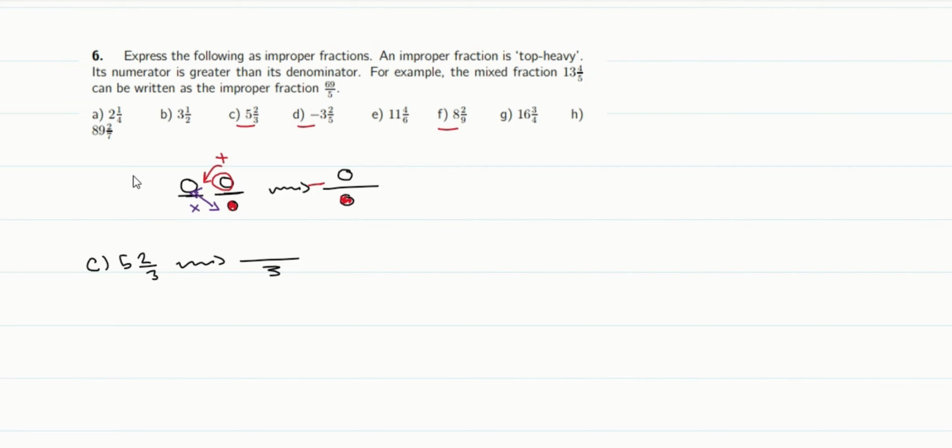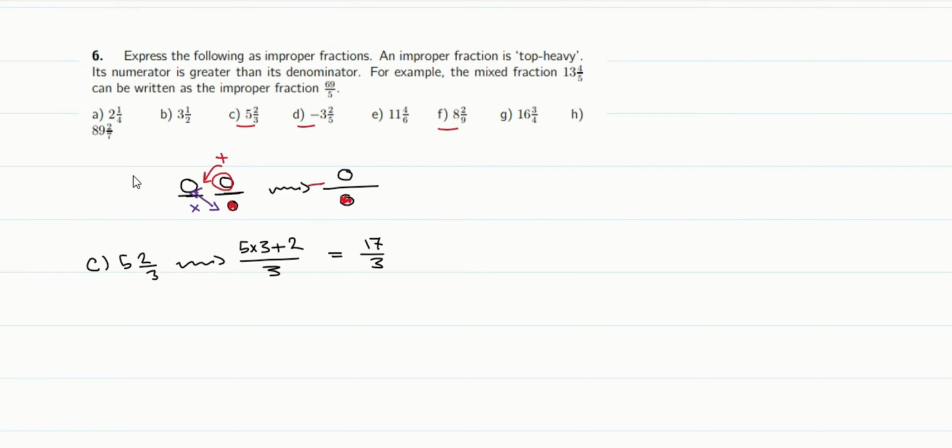In order to calculate it, you're just going to multiply the whole number by the denominator, which is 5 times 3. Then you calculate the result and add the numerator to it, which is 2. So it would be 5 times 3, which is 15, plus 2, which is 17 over 3.